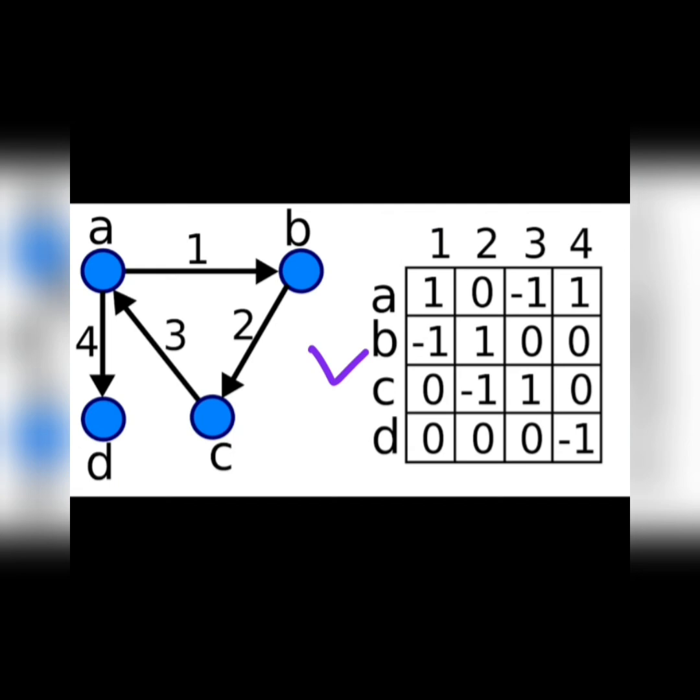If a particular vertex is incident with an edge, the value will be 1. Here the vertex A is incident with edge 1, so the value is 1. Otherwise the value will be 0. See, here A is not incident with edge 2, so the value is 0. Likewise, we will fill all these values in the table. This is how we find the incidence matrix of a graph.